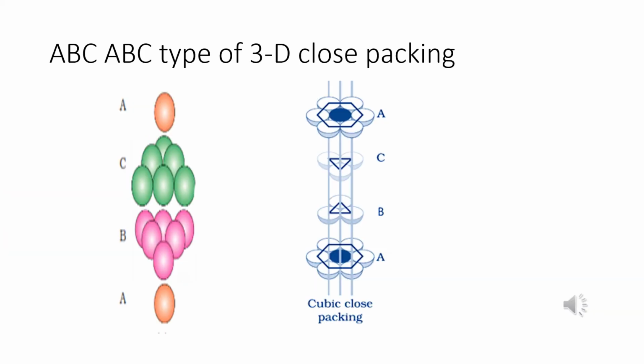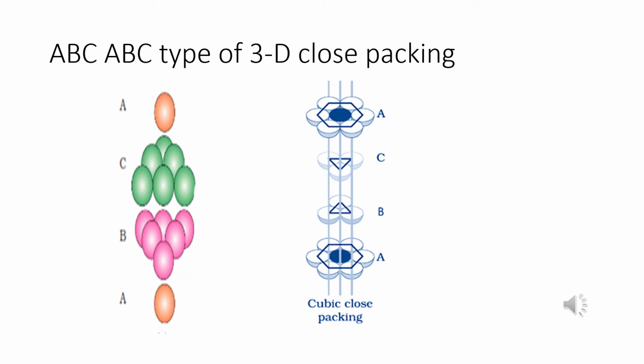In this type of three-dimensional close packing, the third layer may be placed above the second layer. Its spheres cover the octahedral voids. When placed in this manner, the spheres of the third layer are not aligned with those of either the first or the second layer. This type of arrangement is called C-type.